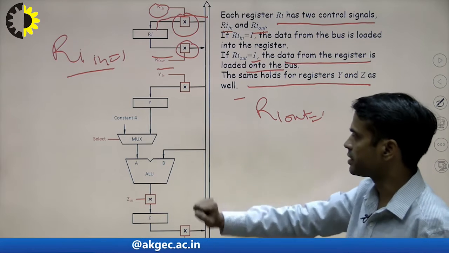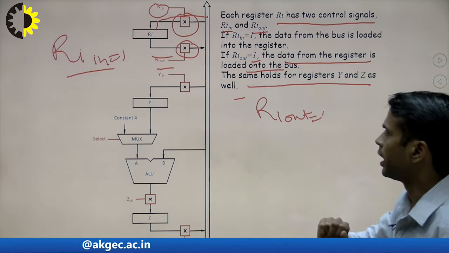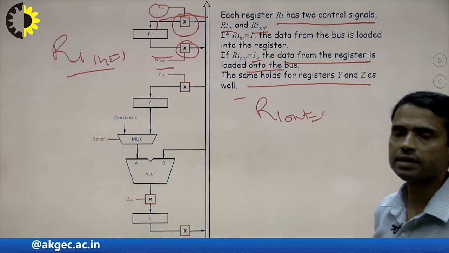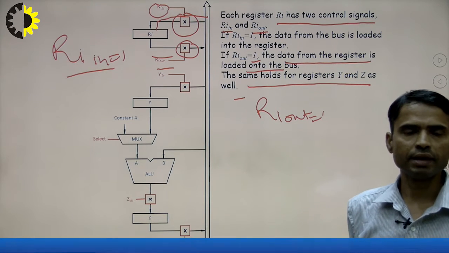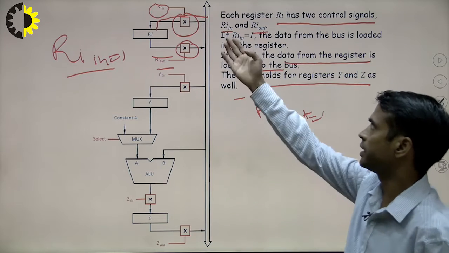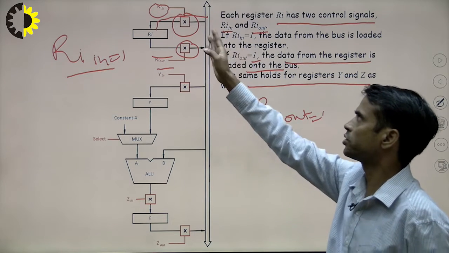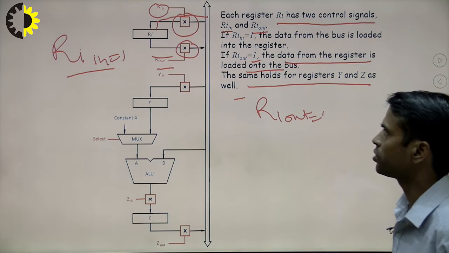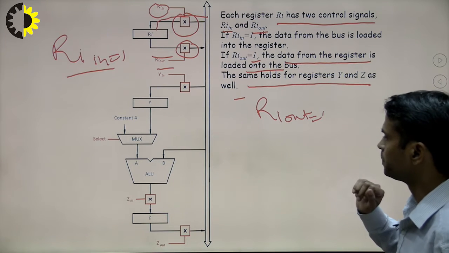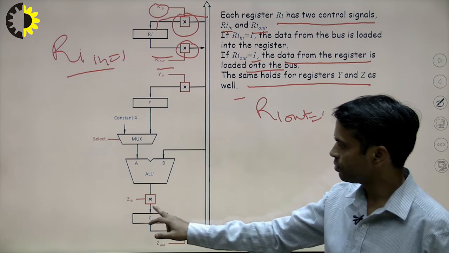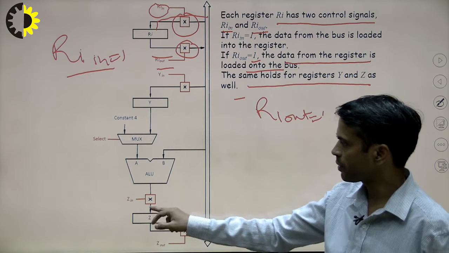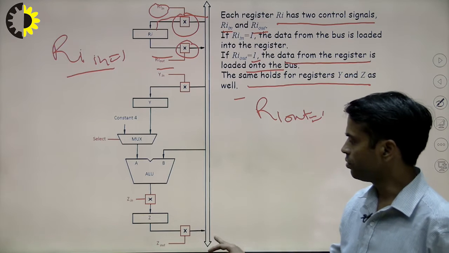Say for example, Y register is there, Z register is there. So, for every register this control signal will be coming depending upon whether there are input and output paths. Since it can have an input path as well as an output path, there are two controls, Ri in and Ri out. Now, you can see here in Z there are two paths, one from ALU, another from Z to bus.